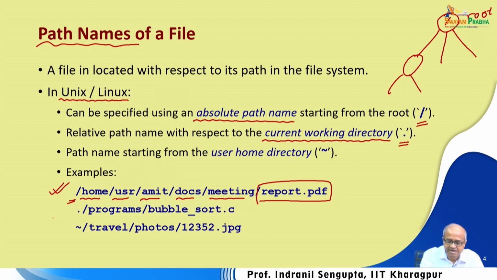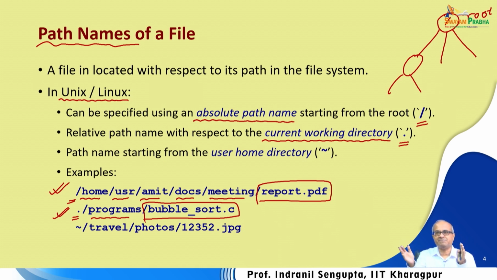For example, your second example shows that the dot in the beginning indicates the current directory where you are. From there is a folder called programs. Under that folder there is a file called bubblesort.c. Okay. So, if you use a file name with respect to the current working directory, you have to specify less, because otherwise you have to specify the whole thing from the root up to the current directory, then the remaining part. But the dot allows you to specify from the current working directory.